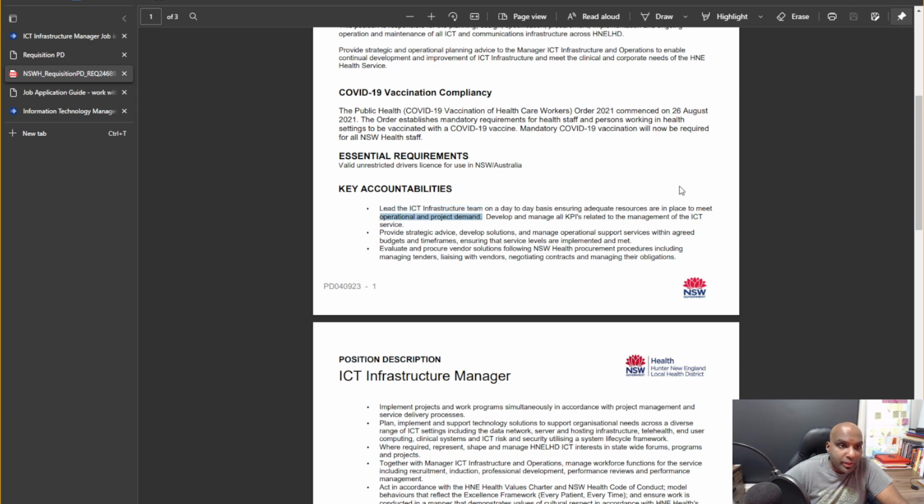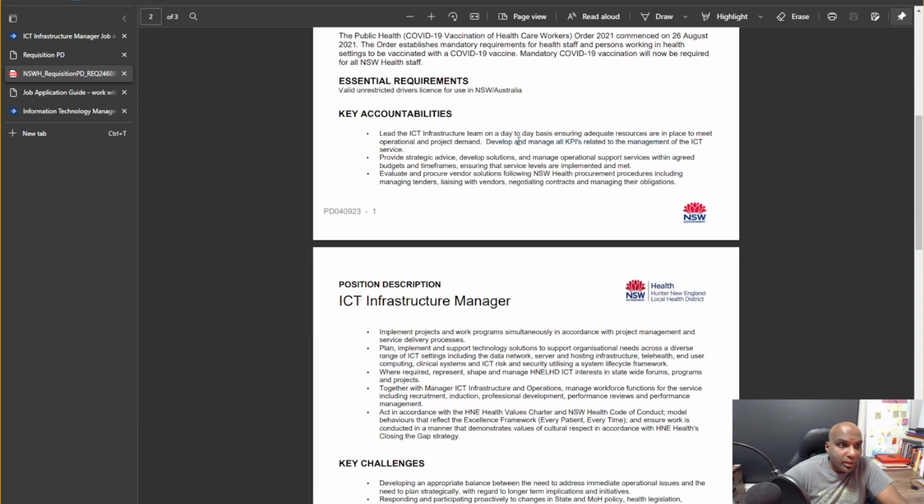Operational project demand, yep. Develop and manage all KPIs. And then I'll look at this to see if I have that capacity. So in my personal case, I've done all of this. I've led infrastructure teams. I've developed and managed KPIs.